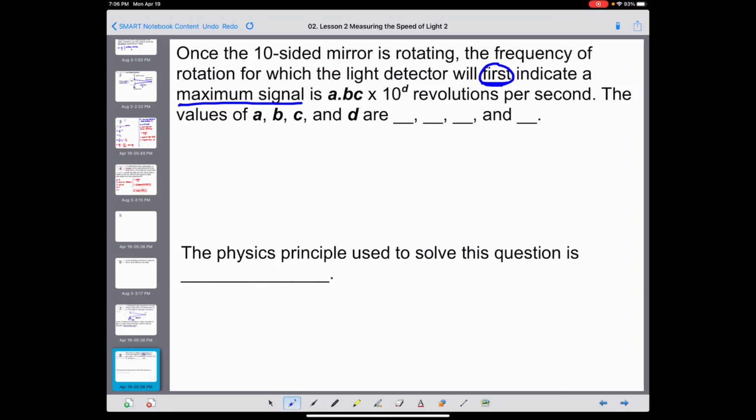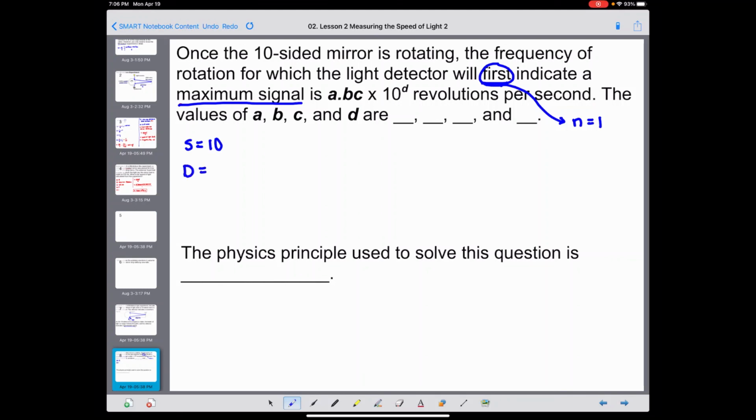Because it says the word first here, that's telling us to use an n value of 1. If it asked for the second time, then you would use n equals 2. We'll come back to that in a second. So let's keep going here, writing down our other variables. S is going to be 10 because it's a 10-sided mirror.